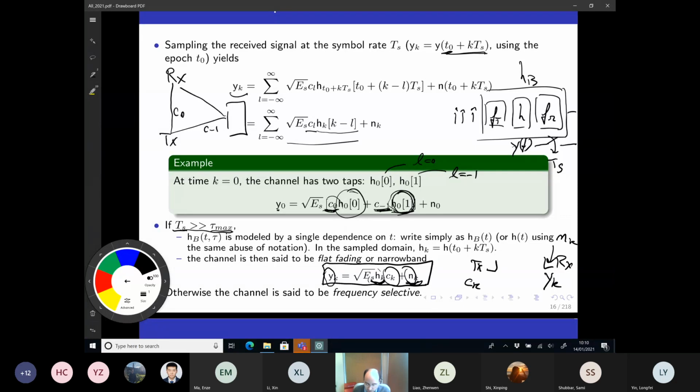Okay, so that's assumed. That's what we call narrowband or flat fading scenarios. This is a narrowband transmission. This could be viewed as a wideband transmission.